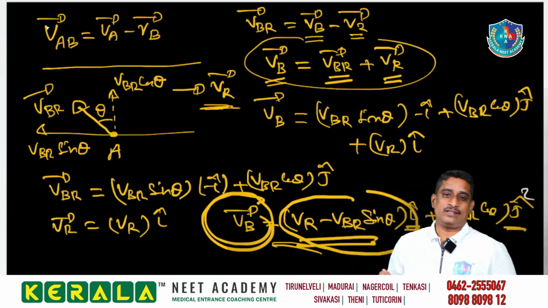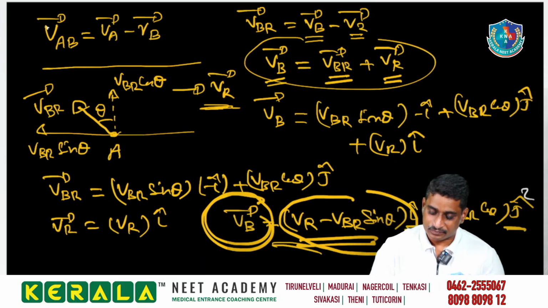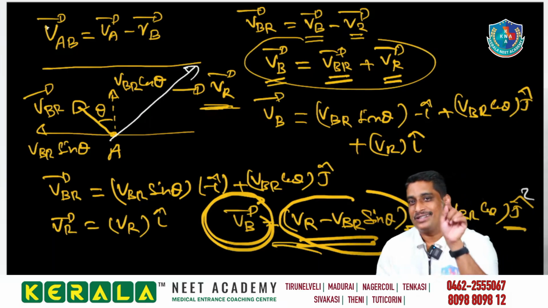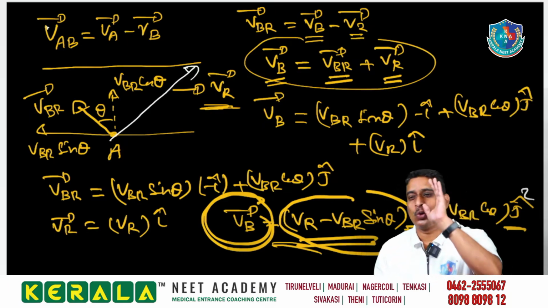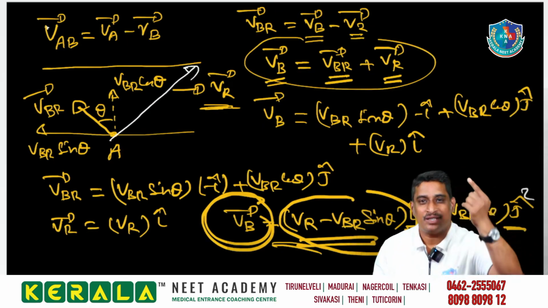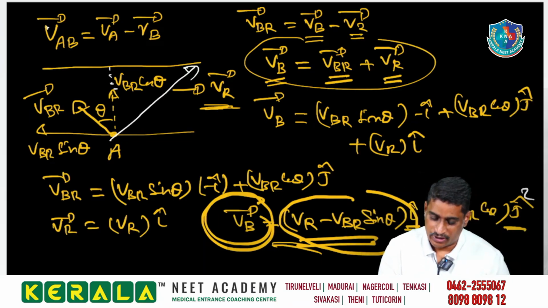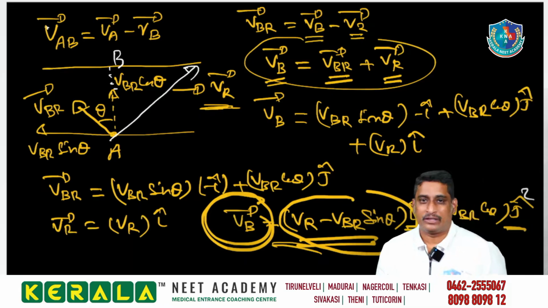In such a case, the resultant motion of the boat will come like this. When VR equals VBR sin theta, there is no drift on reaching the other bank of the river. It will reach exactly the opposite point. Just look at this diagram, AB, exactly the opposite point B it will reach.